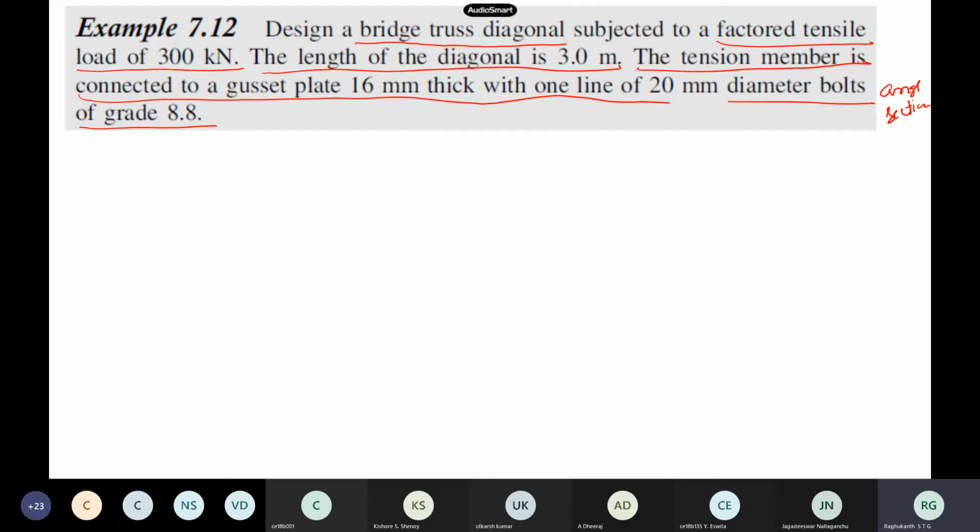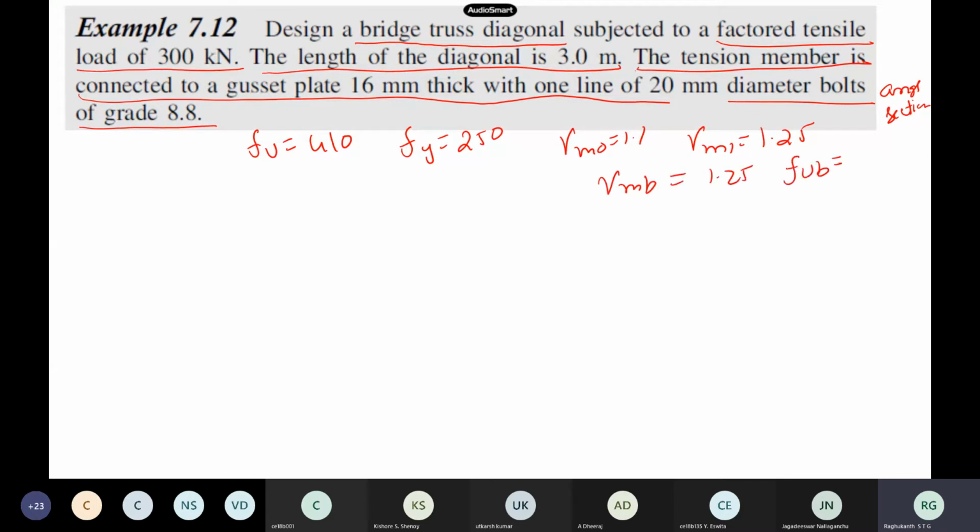So now here you have to use an angle section only. You can write all the inputs: fu 410, fy 250, gamma m0 is 1.1, gamma m1 is 1.25, gamma mb for the bolts 1.25, then fub for the bolt is very high, 800 megapascals, because it is an HSFG bolt.